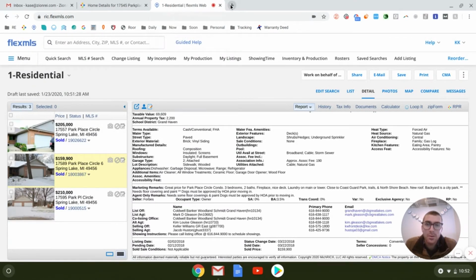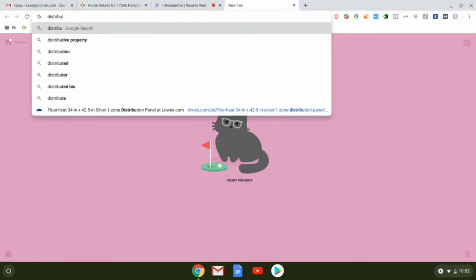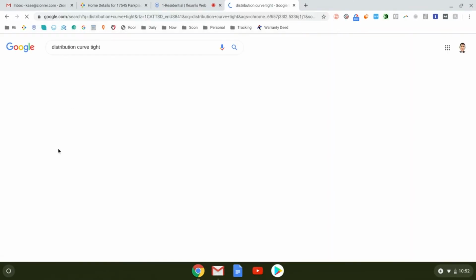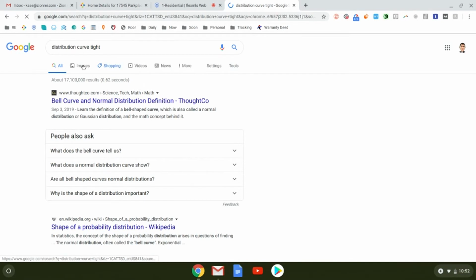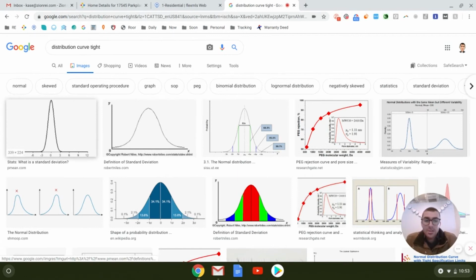So I'm going to quickly grab, I'll draw, no, I'm not. So you guys have seen a distribution curve before. What we're going to look at right here, I'm just pulling up a random distribution curve. So in this condo association, because the properties are really, really similar, we have a good idea what the property's worth. And I can look at the numbers here.